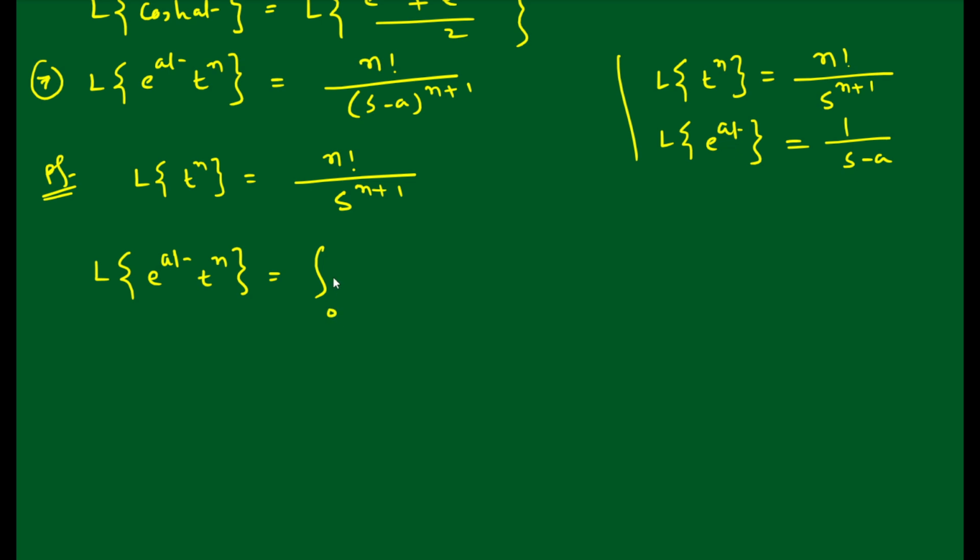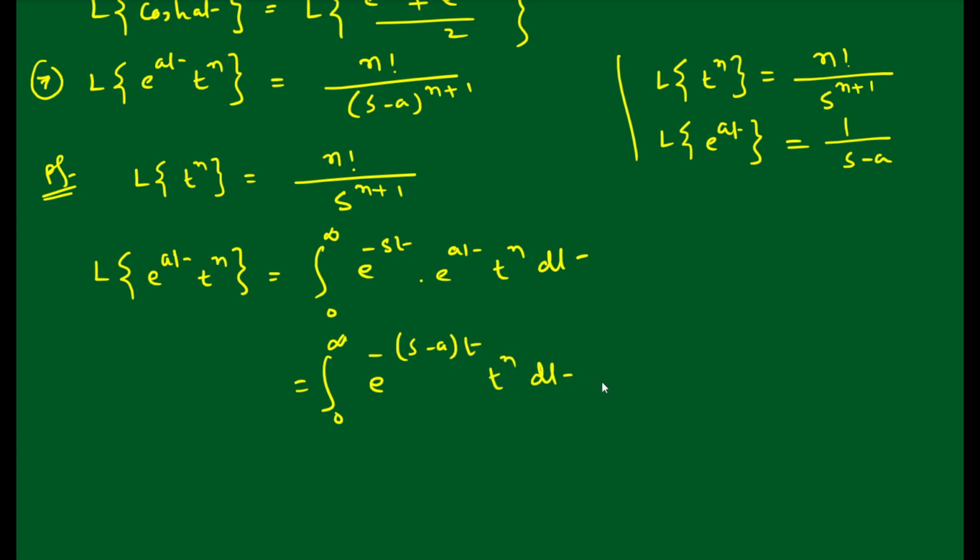So the formula is the integral from 0 to infinity of e to the power minus st, and in place of f of t you write e to the power at, t to the power n, dt. So 0 to infinity, these two terms we can write as e to the power minus (s minus a) t, t to the power n dt. So do you remember what we can write here?